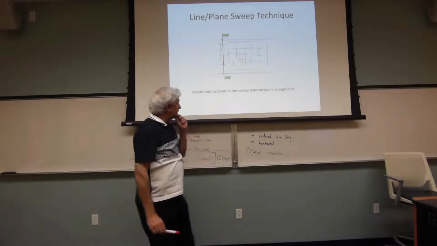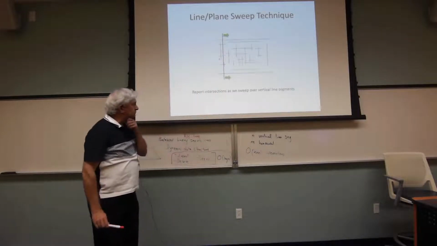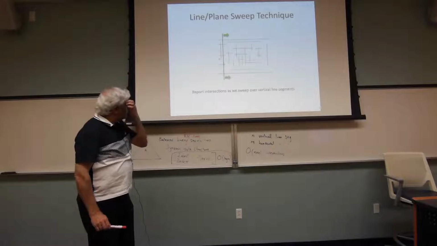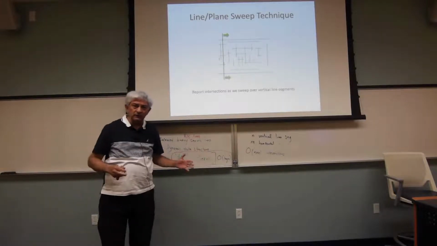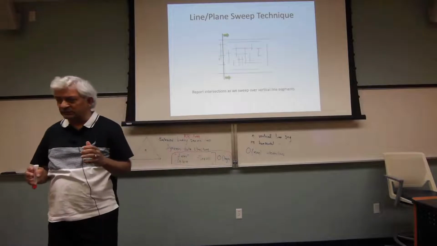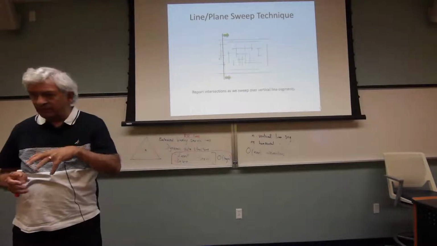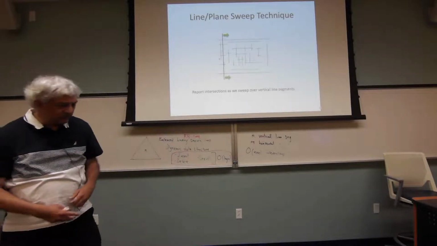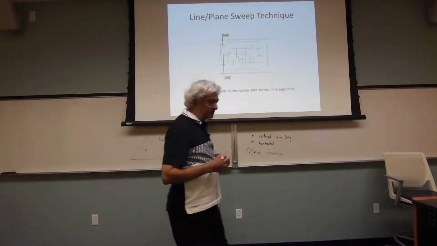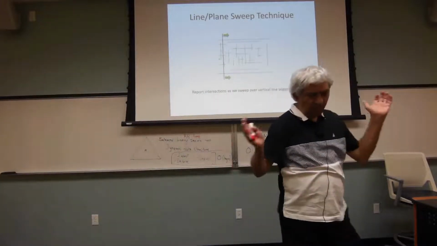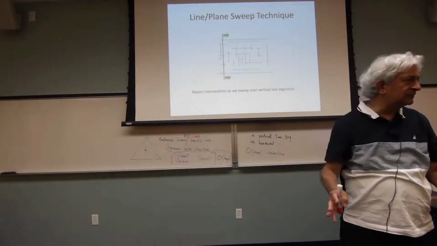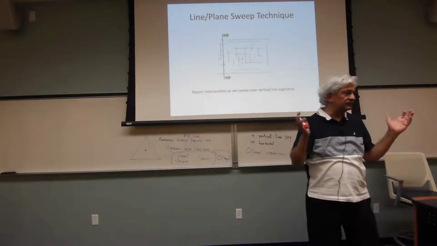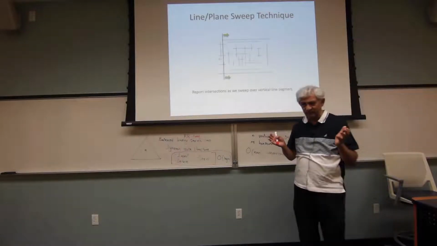Now here is the nice trick that we're going to employ. One possible way to solve this problem is just take all your horizontal line segments, compare them against all your vertical line segments, and then report whichever ones intersect. That's easy.